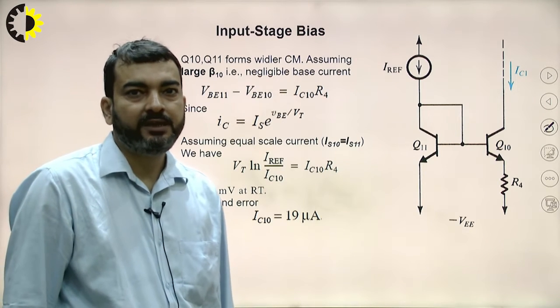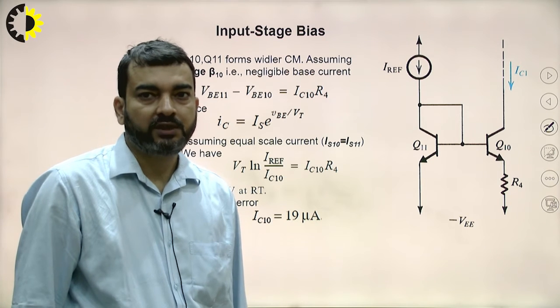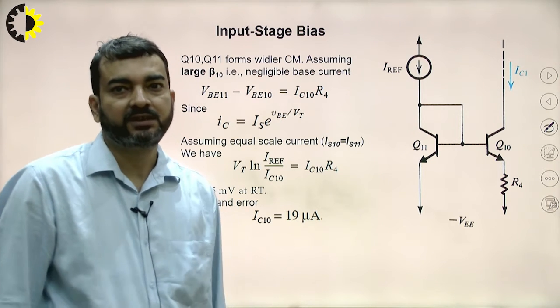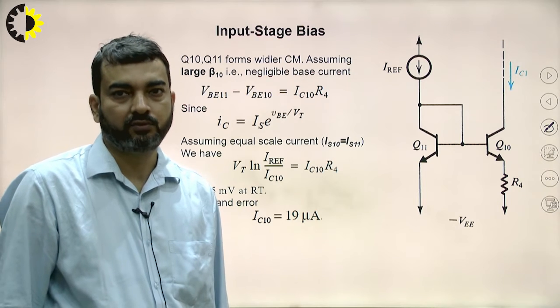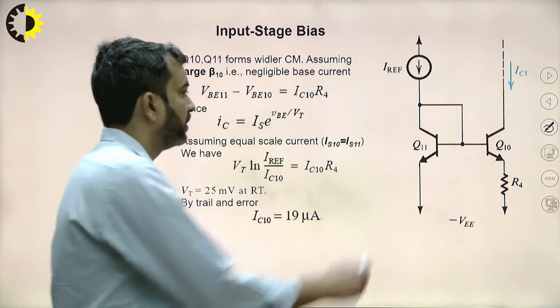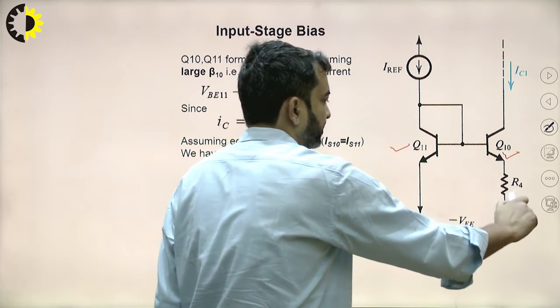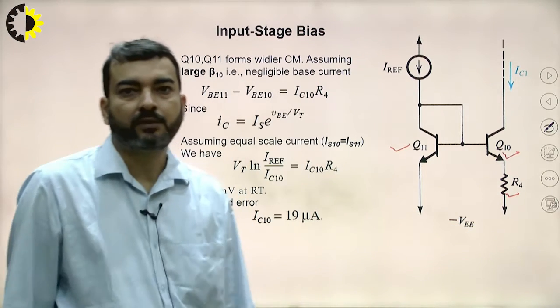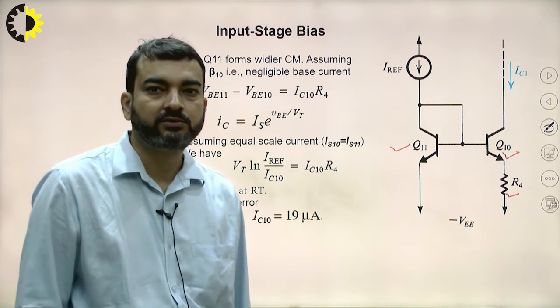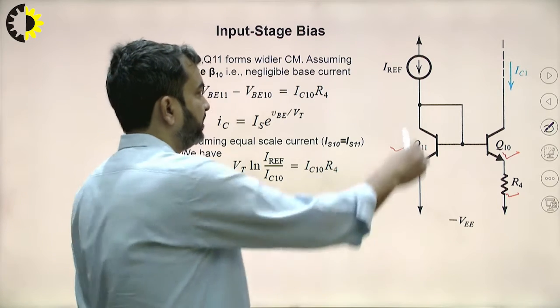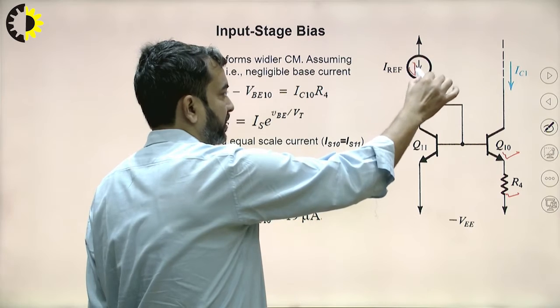Now coming to the input stage. The input stage consists of a Widlar current source, transistors Q11 and Q10, and because of resistance R4, this forms a Widlar current source. Here the reference current is flowing.